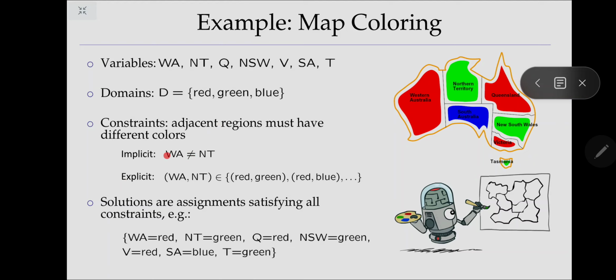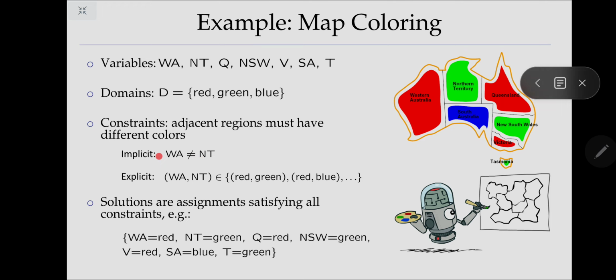This means that if you assign red to WA, you can assign red to NT. Or you assign green to WA, you cannot assign green to NT. This is a logical constraint.